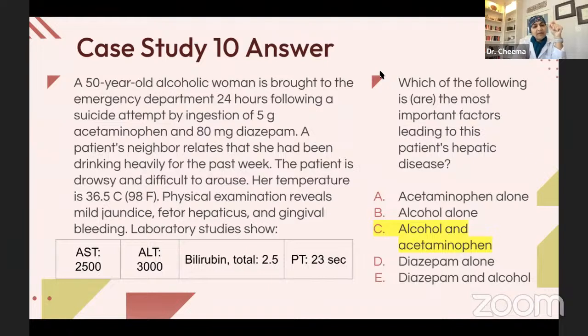But fulminant hepatic failure exclusively related to alcohol toxicity is very rare. And diazepam alone does not explain the clinical and lab findings of hepatic failure. Diazepam overdose results in prolonged sedation, which usually resolves with supportive measures.